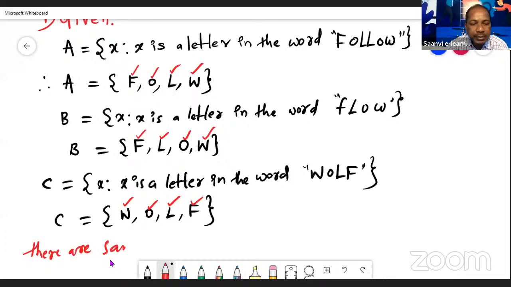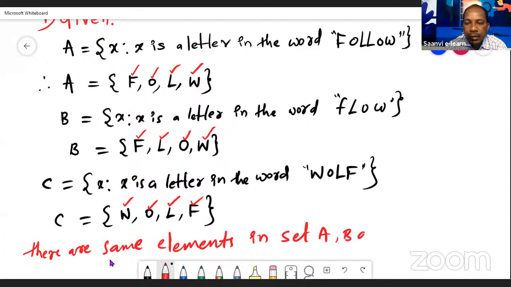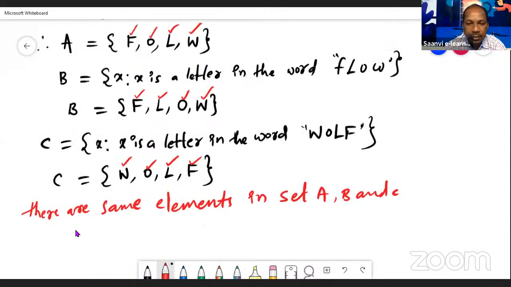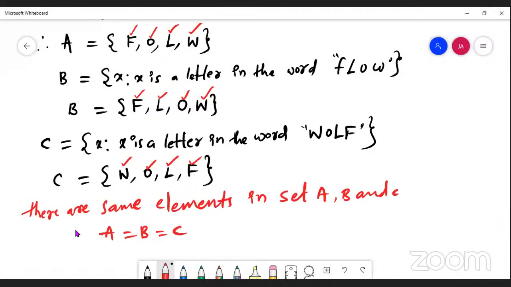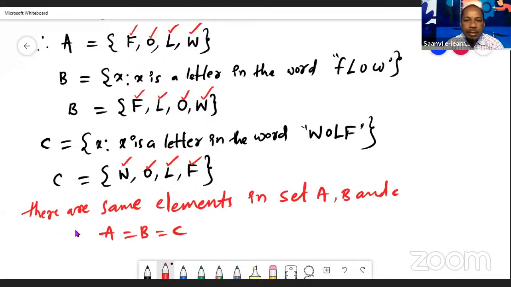There are the same elements in sets A, B, and C. So they are equal. It means A is equal to B is equal to C. So equal sets means if there are the same elements in the given sets, they are called equal sets.